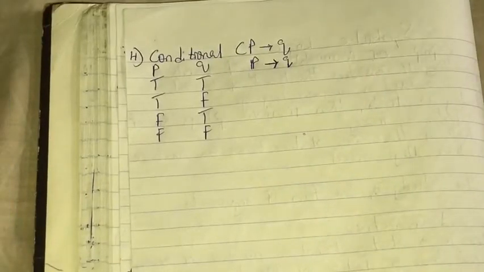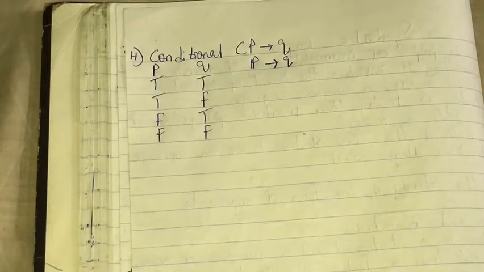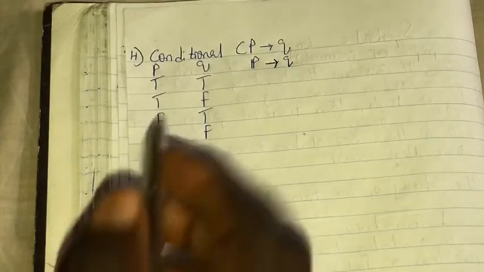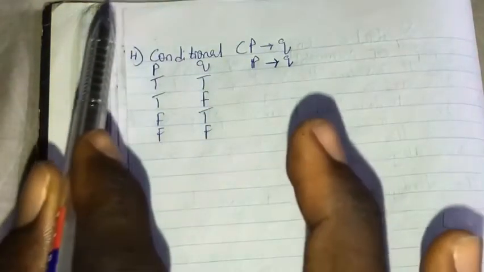It says if P and Q are propositions, then the proposition P then Q is false if P is true and Q is false, but is true otherwise. So this is what they are talking about. It is false if P is true and Q is false.